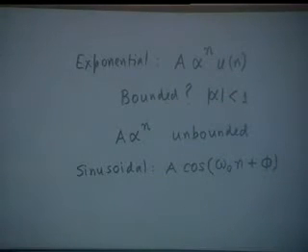This is a sinusoidal signal. Is a sinusoidal signal a bounded signal? Yes, bounded refers to the amplitude, not the extent. It is a bounded signal because the maximum value is capital A.